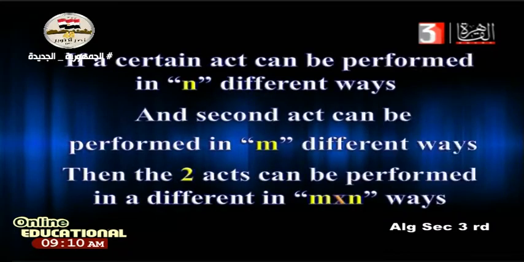If we have a certain act that can be performed in n different ways, and a second act can be performed in m different ways, then the two acts can be performed in m times n ways.